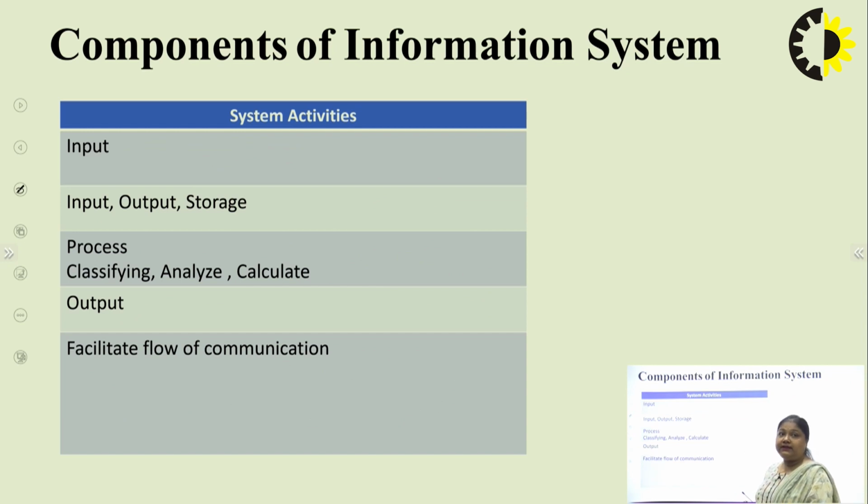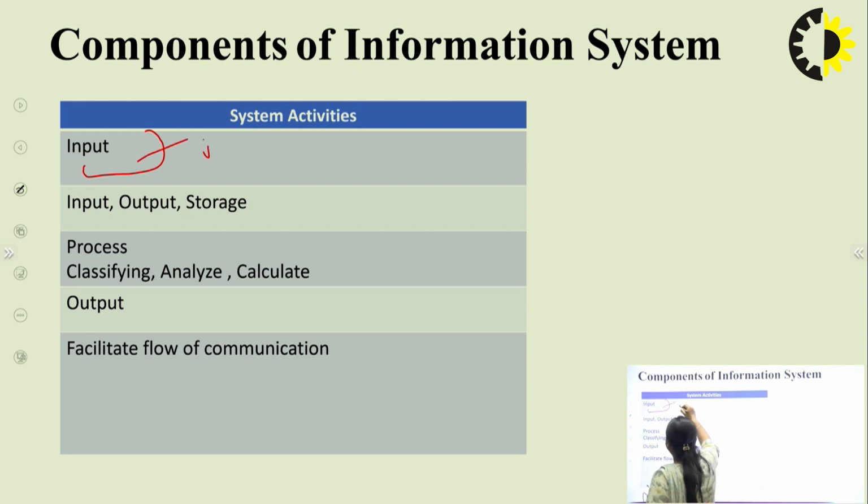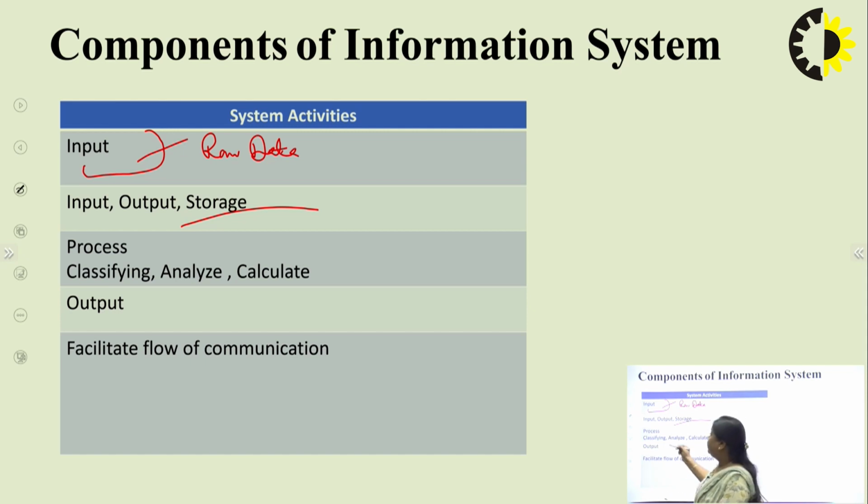Now next is system activities. Some work has been done upon the raw data, input. We have three components that we have worked upon: input, output, storage.